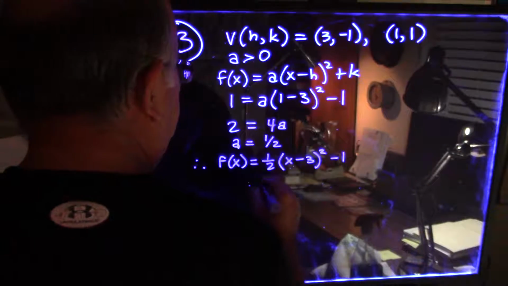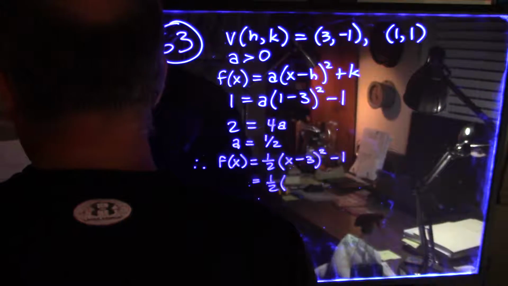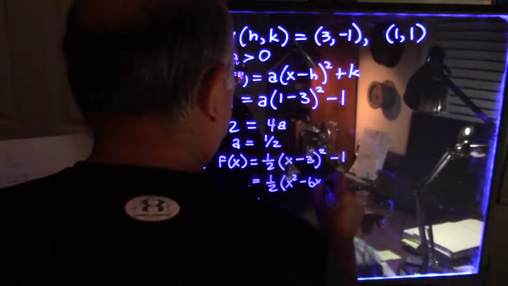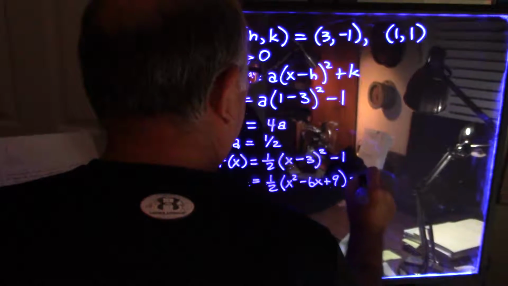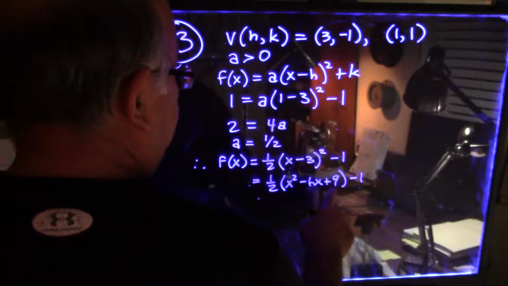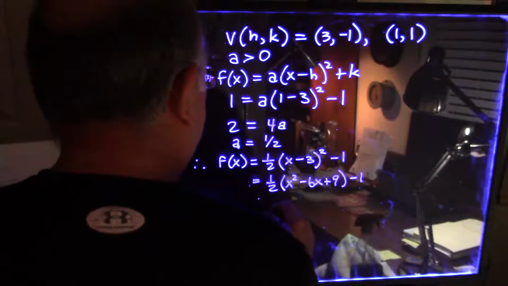And we can expand what's in the parentheses, 1/2, and that gives us x squared minus 6x plus 9, and minus 1 outside the parentheses. We can bring that 9 outside, multiplying it by 1/2, and then you can add that to negative 1.